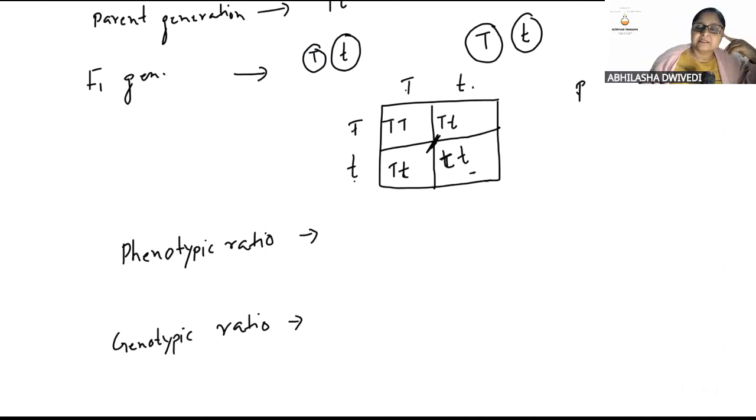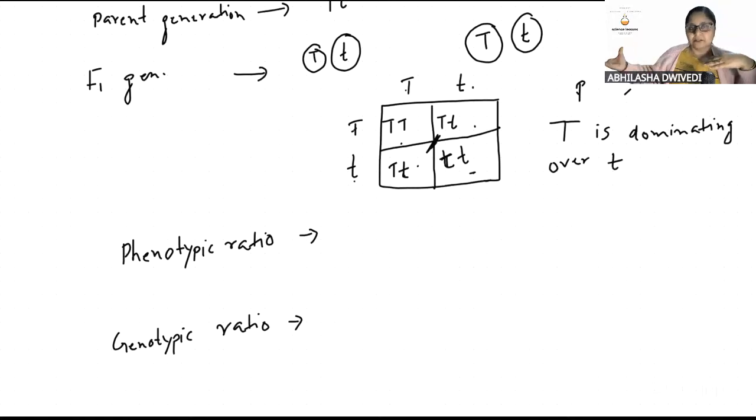So whether it is this plant with capital T capital T, this plant capital T small t, this plant capital T small t, they will all be tall, correct? Why will they all be tall? Because capital T is dominating over small t. Capital letter shows that it is dominating over the recessive one, which is small t.